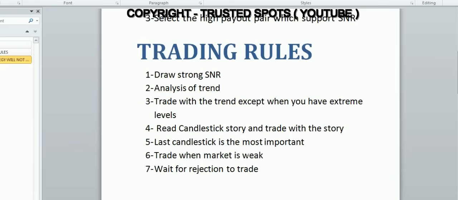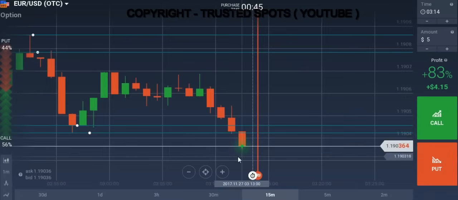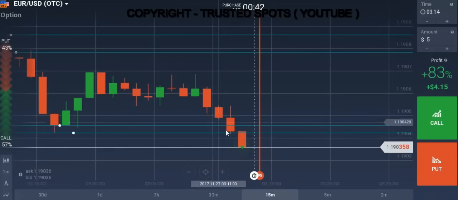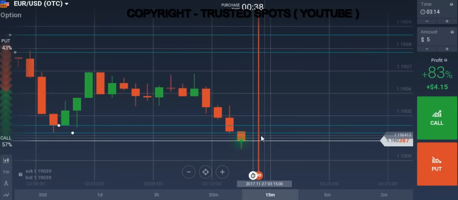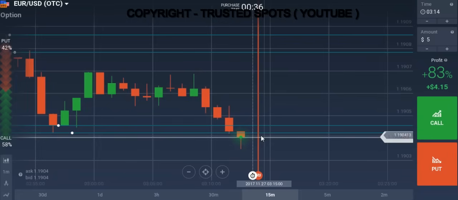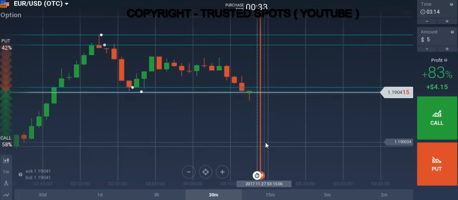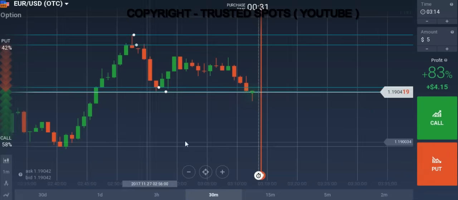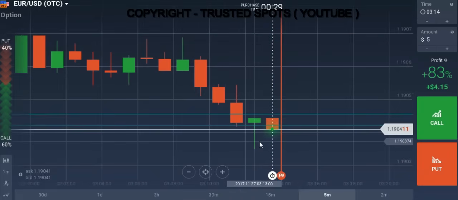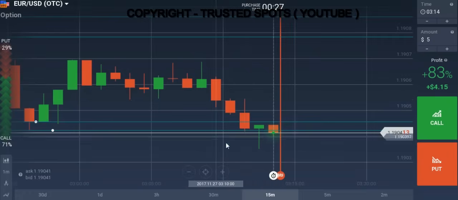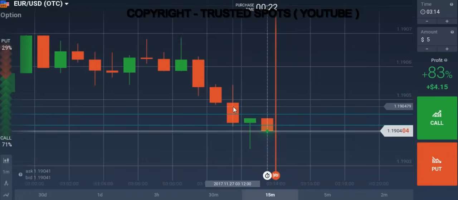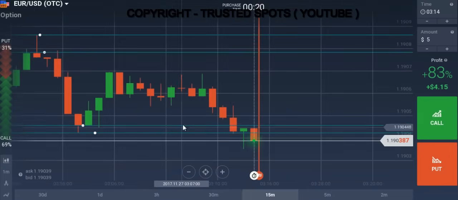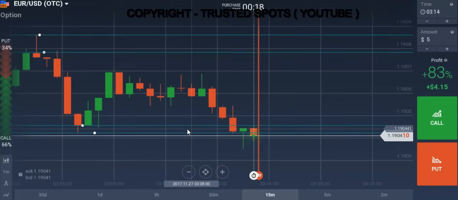So the fifth rule is the last candle is the most important candle. And why is that? If you see it, the last candle gives us a clear, like 20%, vision where the market is going to go. For me, the last candle is the most important because it gives us the sudden reaction. As you can see, suppose we are here, the previous candles were saying that market wants to go down, so market goes down. This is a support, meaning market wants to go up.